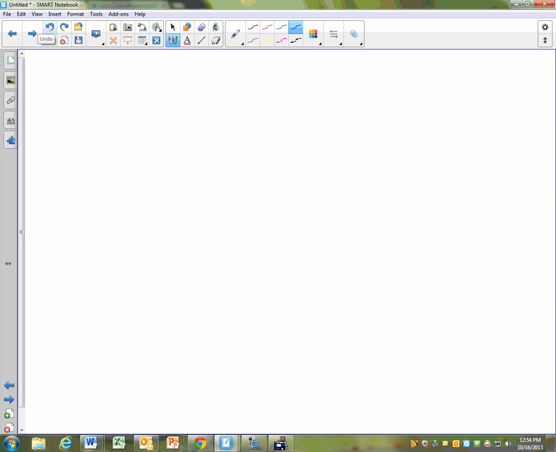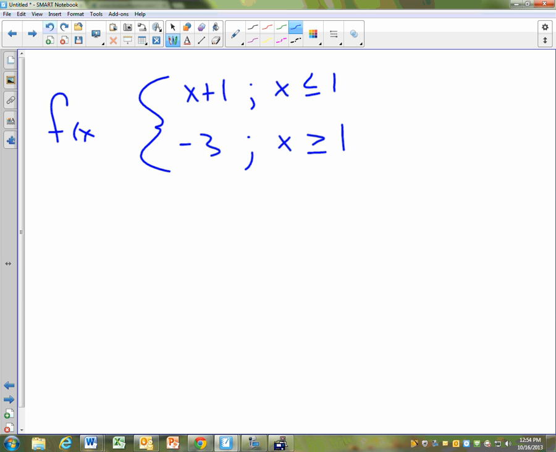Let's look at this example real quick. Let's say that this is your function, x plus 1 for x less than or equal to 1, and -3 for x greater than or equal to 1.